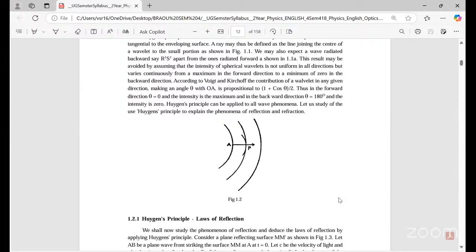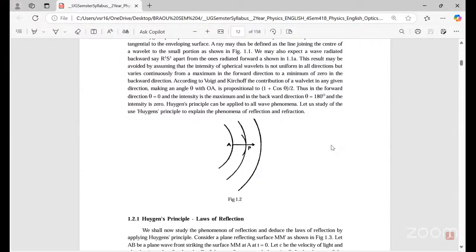Forward is RS, backward is R dash S dash. This would mean that the intensity of a spherical wave is not uniform in all directions, but varies continuously from a maximum in the forward direction to a minimum of 0 in the backward direction.